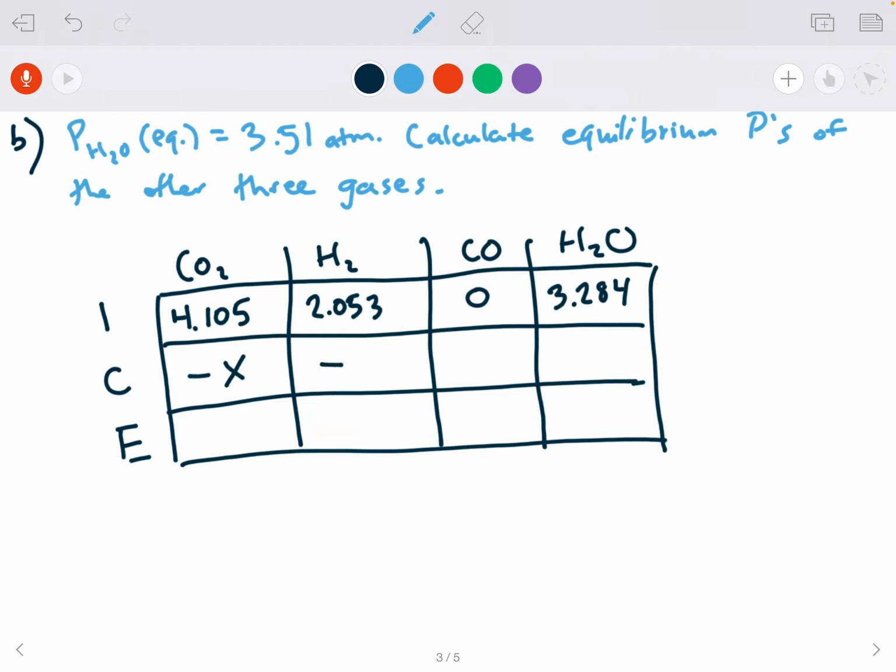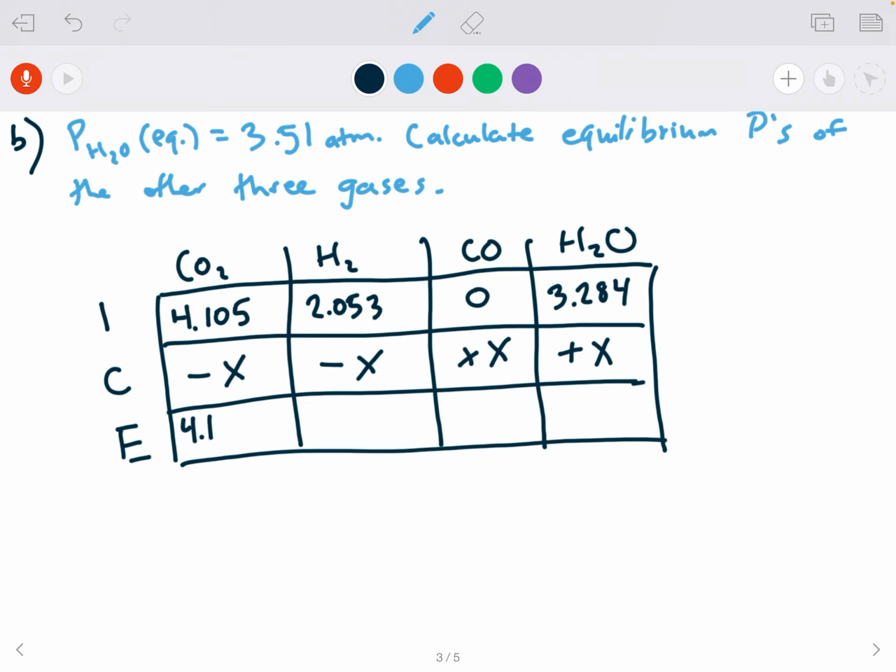The reactants are going to lose an unknown amount, and the products will gain the unknown amount. The reason all of these are X is because they lose or they gain the same amount because their stoichiometric coefficients are the same.